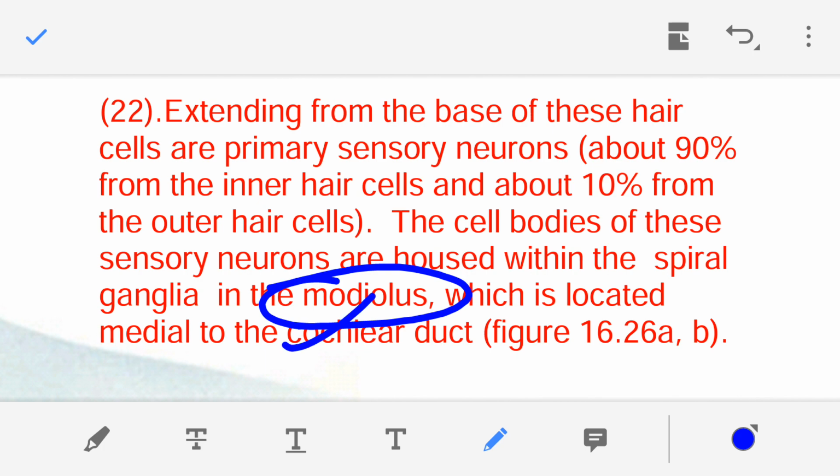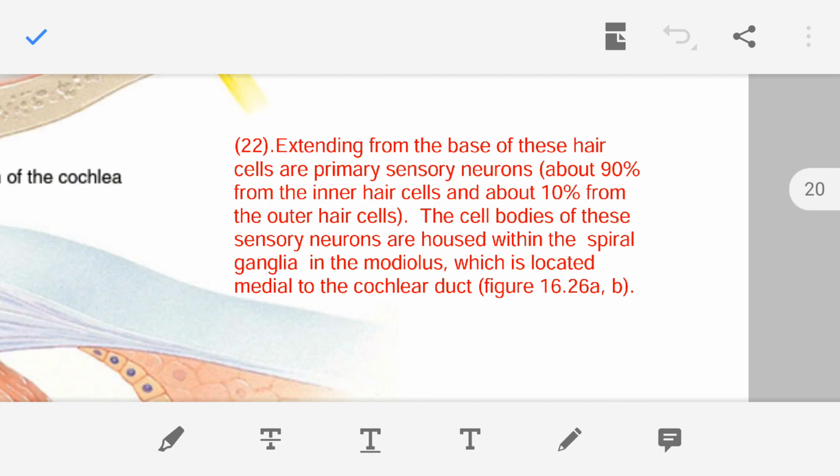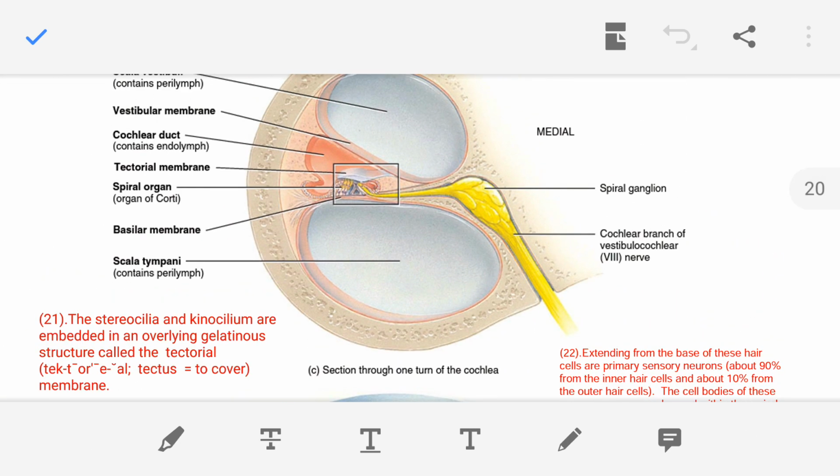Now see, primary sensory neurons make synapse with the hair cell, and their cell bodies are present within the spiral ganglia. So let me show you in this figure.